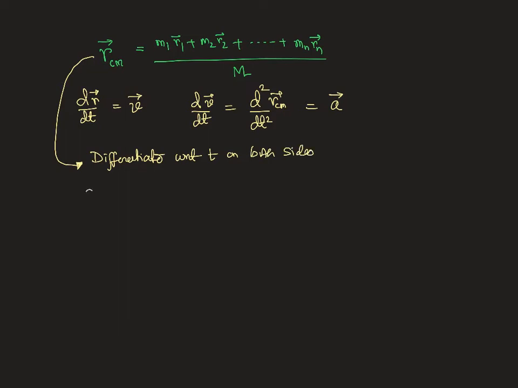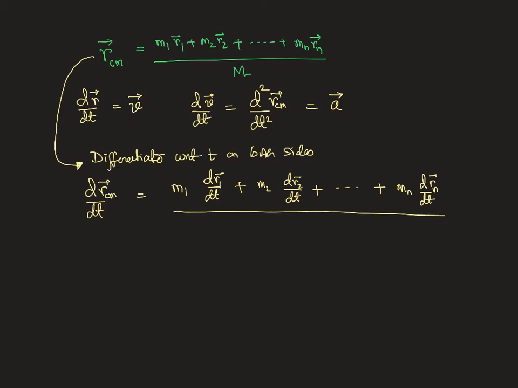So what do you get? d/dt of RCM is equal to, so these m1, m2 are constants, so the differential will be on the position vectors. The system may be a moving system, so if the system moves, the mass doesn't change but the position vectors change, so the differential will be here as I have done.